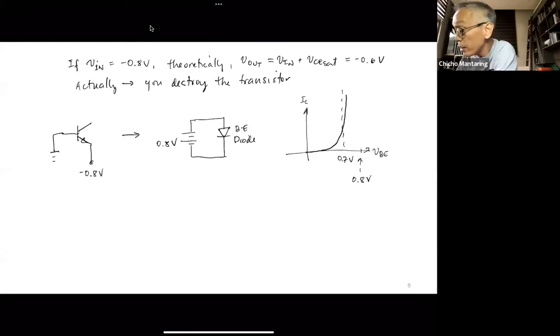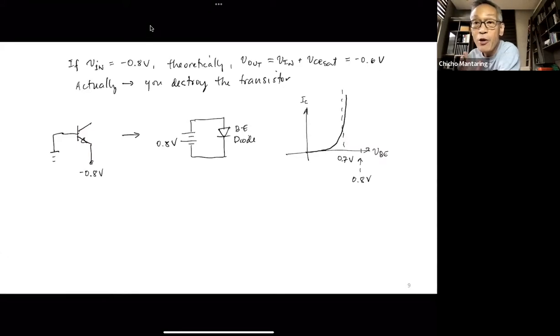If I extend this curve very, very high, that is when my VBE will be equal to 0.8. Considering the steepness of this curve, that is a current approaching infinity. And at that current, this diode is gone, or this transistor is gone.